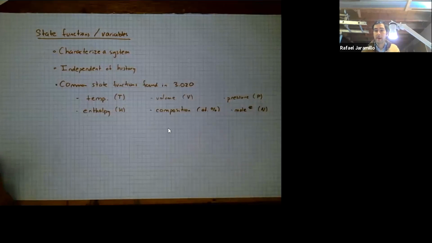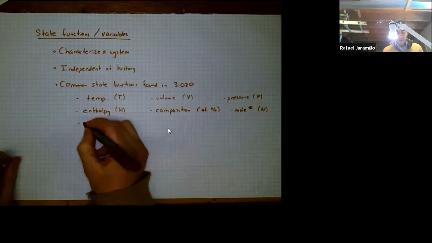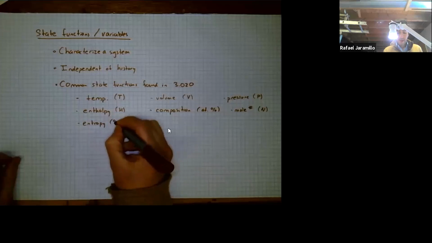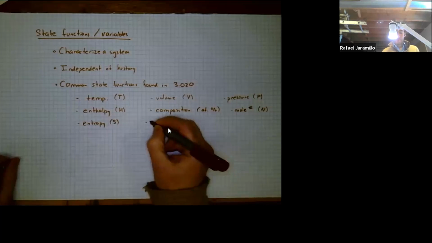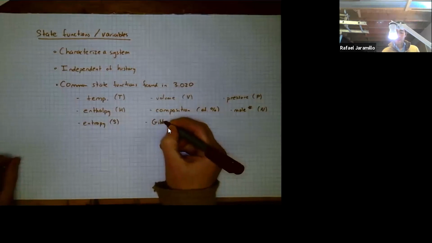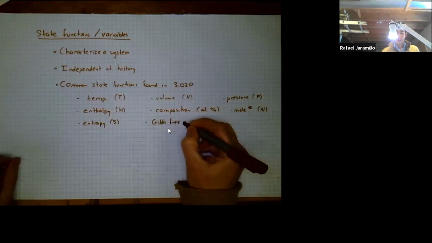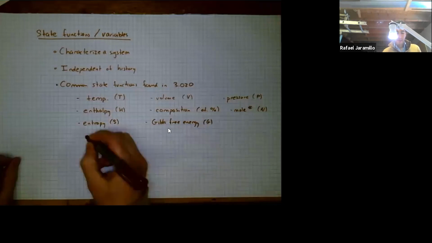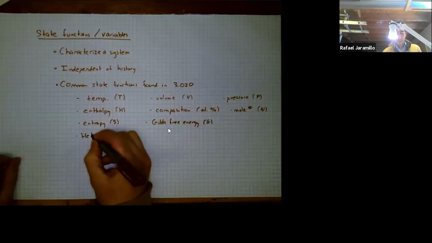Right. Total system size, like that. And then there's enthalpy, and then there are others which are more specific to thermodynamics. There's entropy, there's Gibbs free energy, and there's Helmholtz free energy.